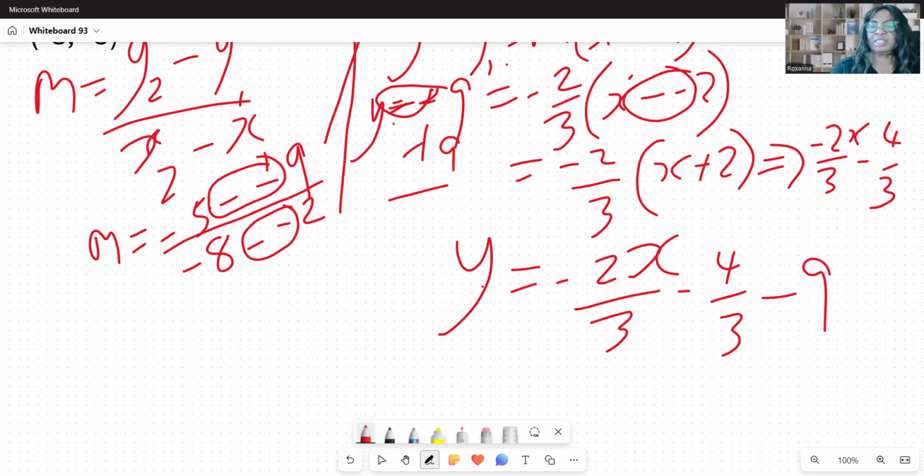And then since I see that these are like terms, I have to add them together. So I might as well say that this is 9 multiplied by 3/3. Another way is to find the lowest common denominator, so that this is -4 and I have 3 here, because now I can have 27, so -27.